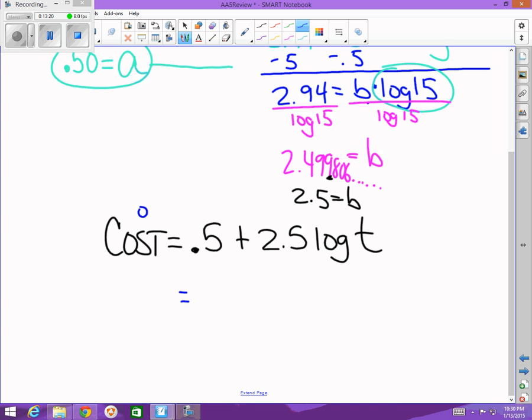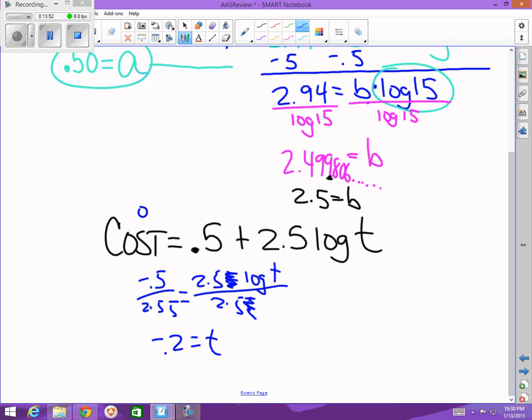So if you solve this, you're going to get negative 0.5 equals 2.5 log t. And then you divide by 2.5. Negative 0.5 divided by 2.5, you're going to get negative 0.2.